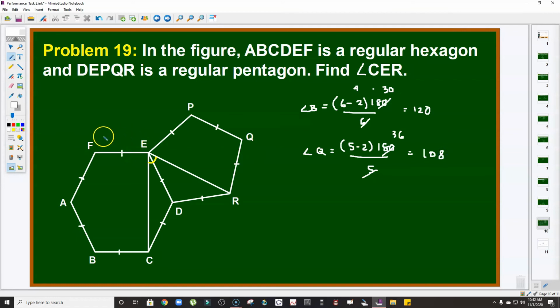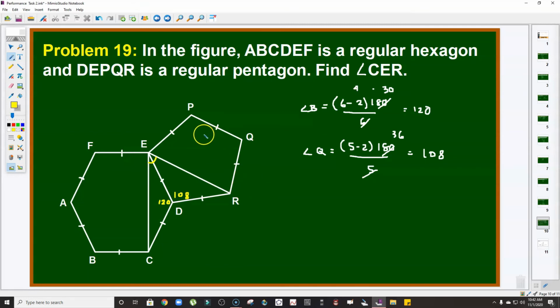Okay, there you go. Now, kung 120 yung angle B, syempre, itong angle na to, 120 rin. So this one will become 120. Yung angle Q is 108, therefore, itong angle RDE equal kay angle Q, 108 din yan. See that?